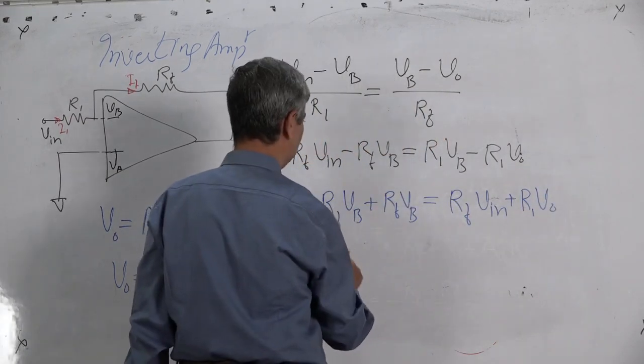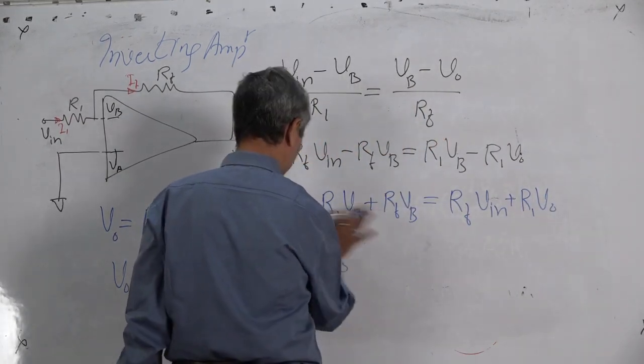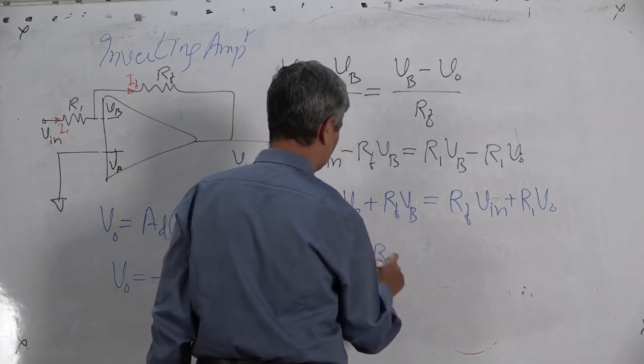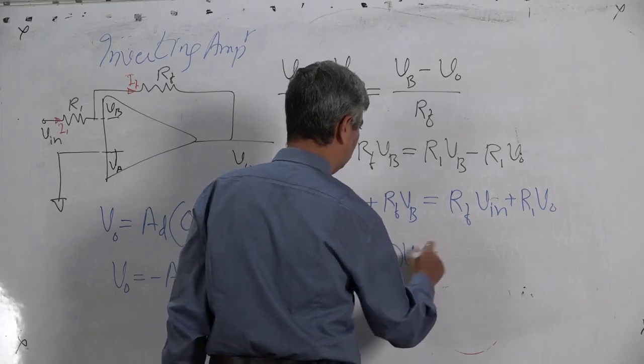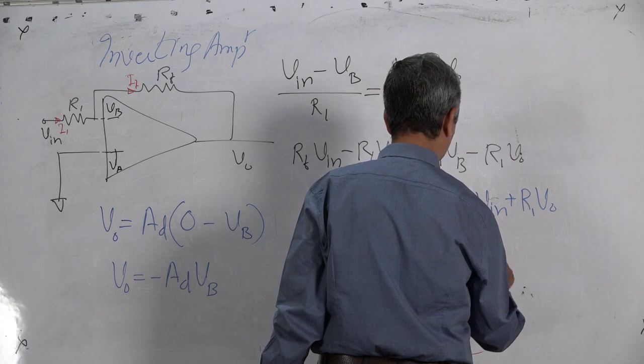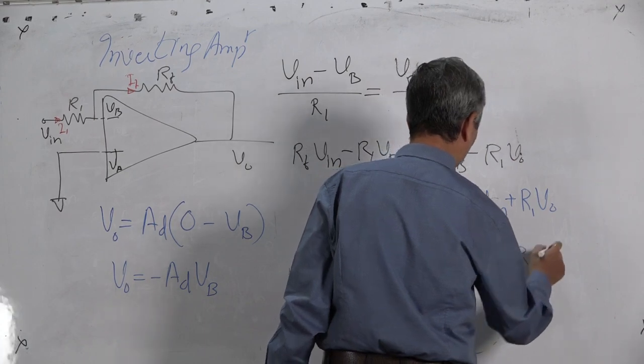So, (R1 plus RF) VB is equal to RF Vin minus R1 VO.